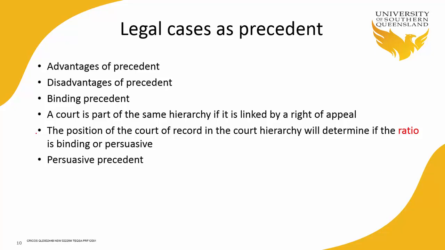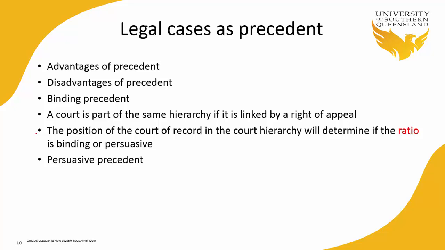But there are also disadvantages, so it may not be relevant to today's circumstances. So if you bring me a precedent from the 18th century or the early 19th century, that might not necessarily have the relevance to what we are doing today. But of course, as a judge, I cannot just simply say, oh, because it's from the 18th century or the 19th century or the 20th century, I will not actually follow this precedent.